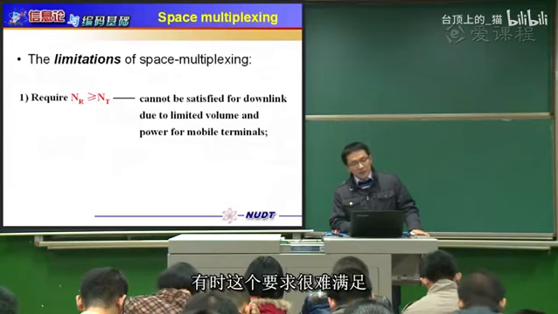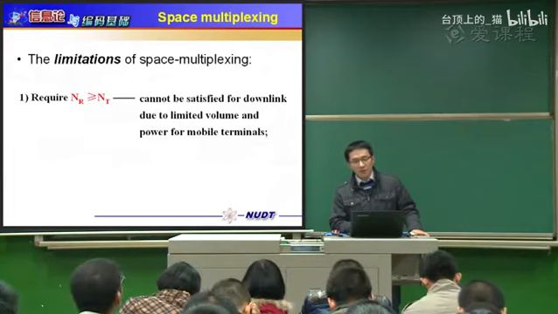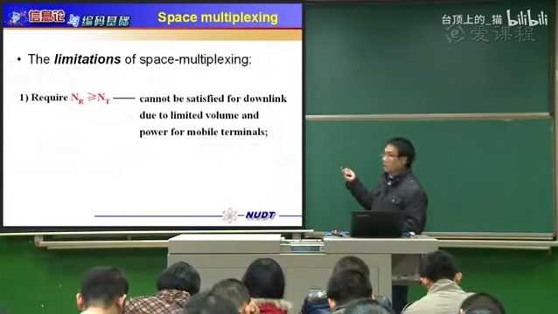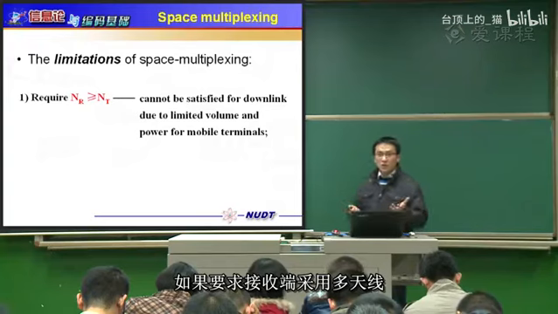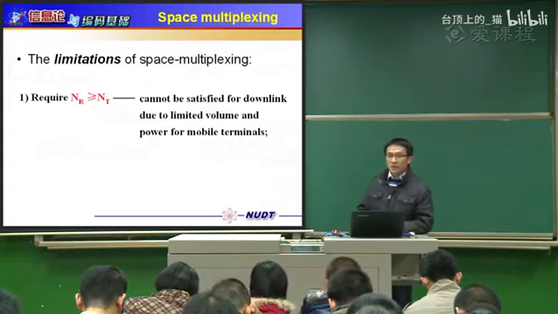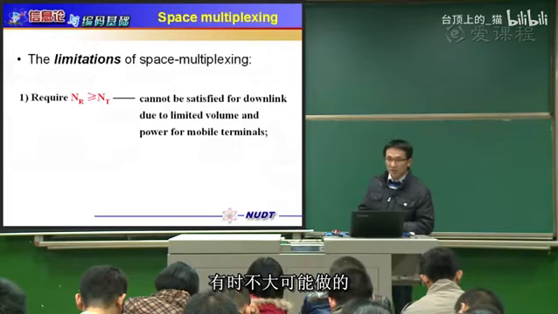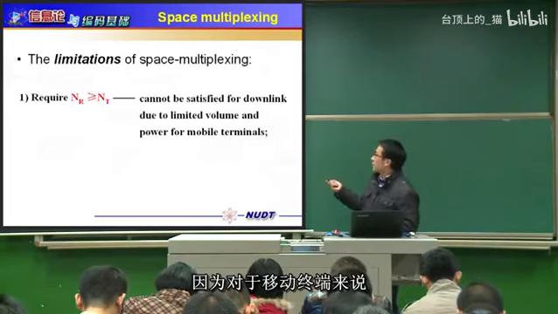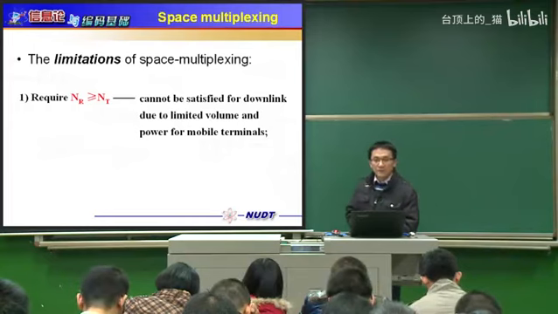And actually, this condition cannot be satisfied in some cases. Which case? The case of downlink. In the downlink, if we require the receiver to use many antennas, it sometimes cannot be completed, because mobile terminals have limited volume and limited power, okay?